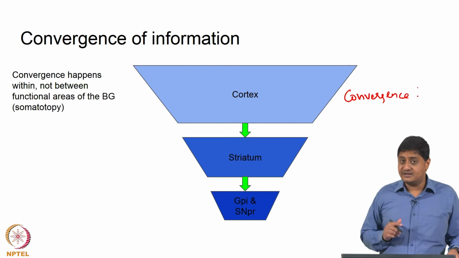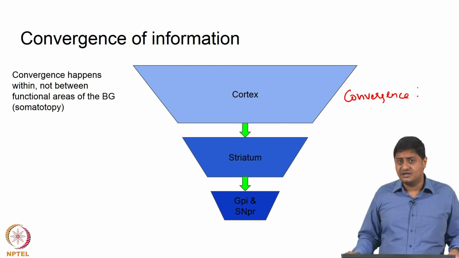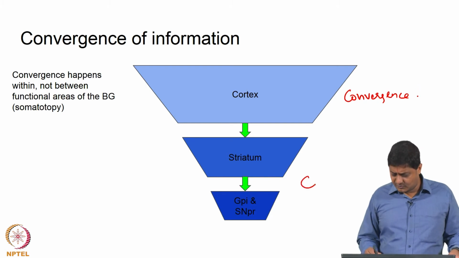Also, we said that a relatively large number of the striatal medium spiny neurons project to a relatively smaller number of neurons in the output nuclei, which are basically globus pallidus internal and substantia nigra pars reticulata. So, essentially there is one more level of convergence here.